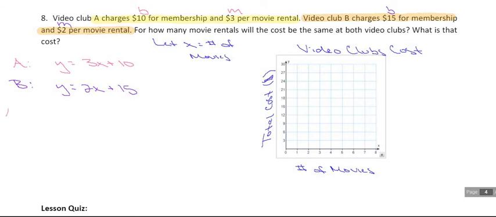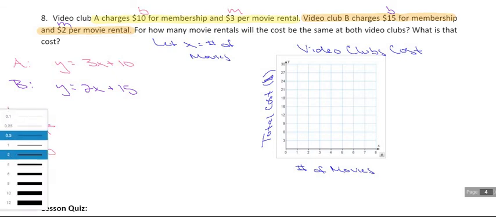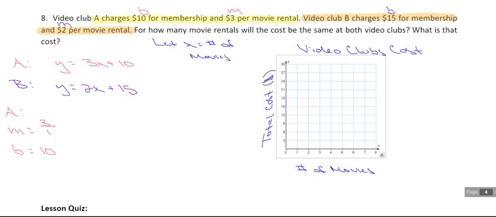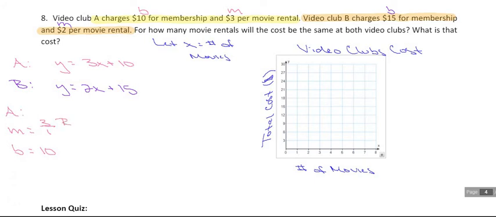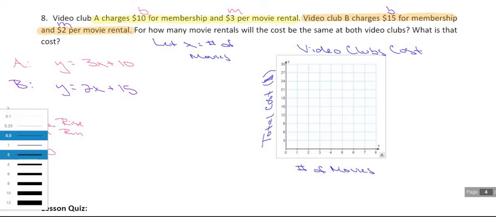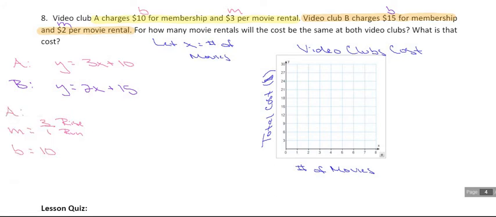So Video Club A has a slope of 3, or 3 over 1, and a y-intercept of 10. So we're going to have to ballpark 10, and then we're going to rise 3, run 1. If I ballpark 10 on the y, it's going to be just past the 9.